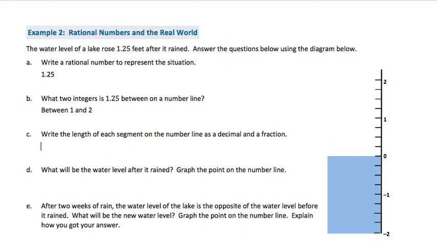Next, they want to know what the length of each segment on the number line should be, and we should write that as a decimal and a fraction. Well, the decimal, if we want to land exactly on one of the lines, the decimal would have to be 25/100. And 25/100 as a fraction, let's go ahead and write that.